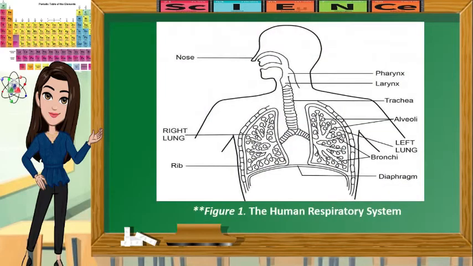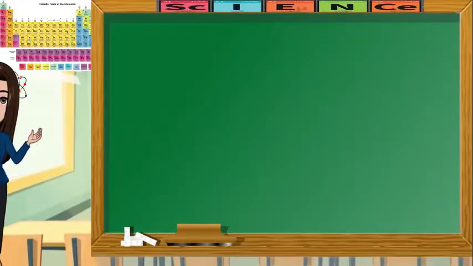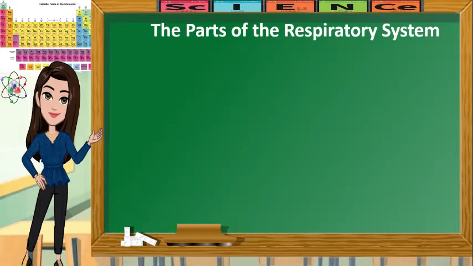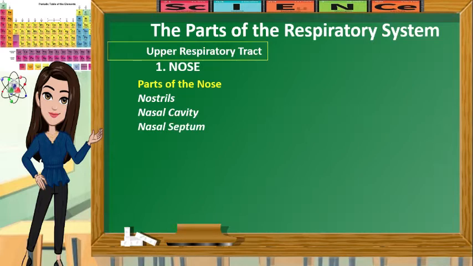The human respiratory system. The parts of the respiratory system. We have the upper respiratory tract. The first one is the nose, with its parts: nostrils, nasal cavity, nasal septum, and olfactory bulb.